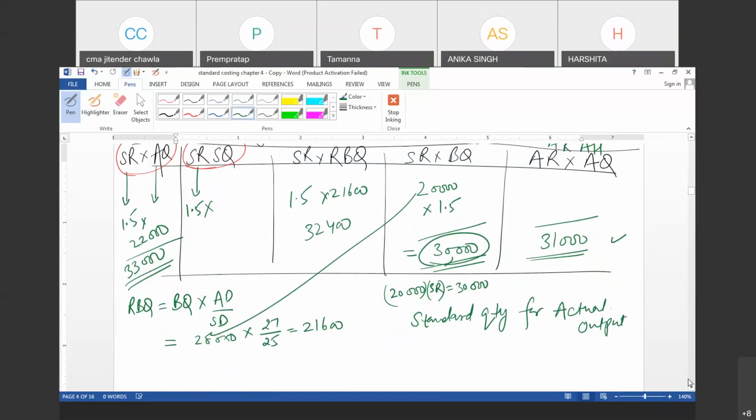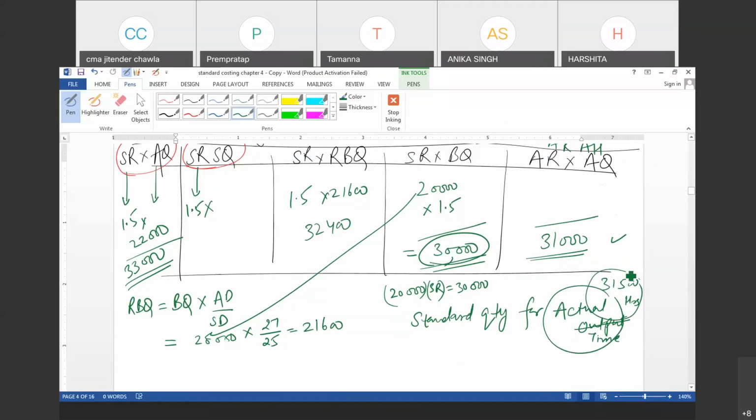Just consider now, this is standard quantity for actual time you have to take now, because the above calculation is on the basis of actual time. Now what is the actual time first? Actual time is 31,500 hours.